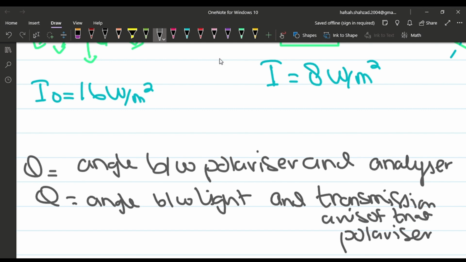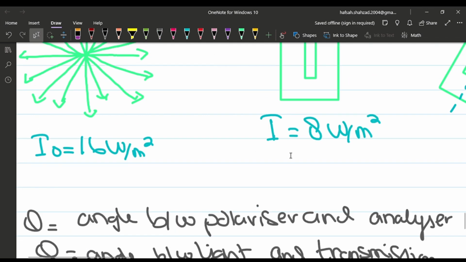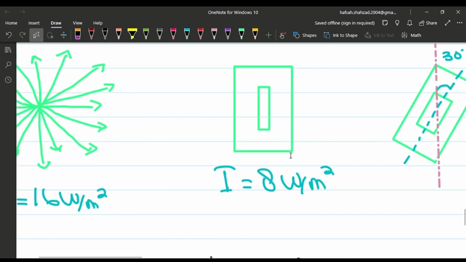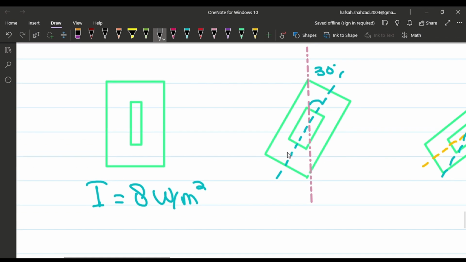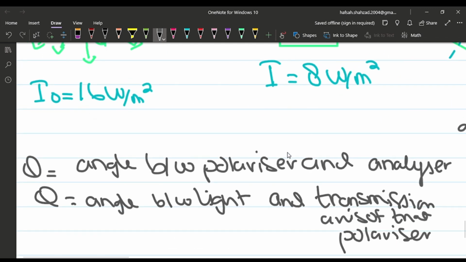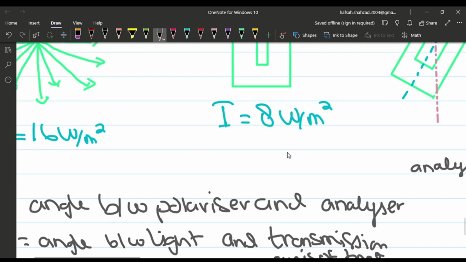Now what is an analyzer? The first polarizer is obviously called a polarizer. The second one, we can also call it polarizer number 2 or an analyzer. So in this particular case, this one is our analyzer. Theta says that it's the angle between the polarizer and the analyzer.